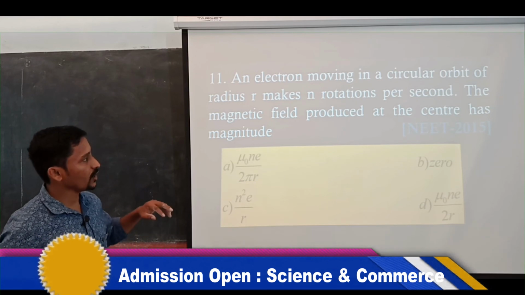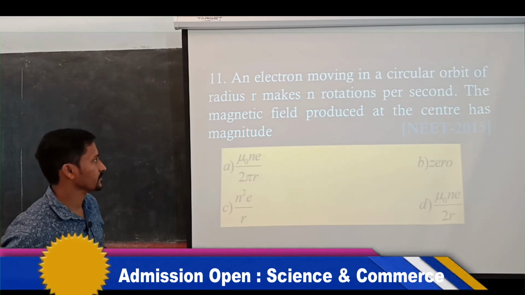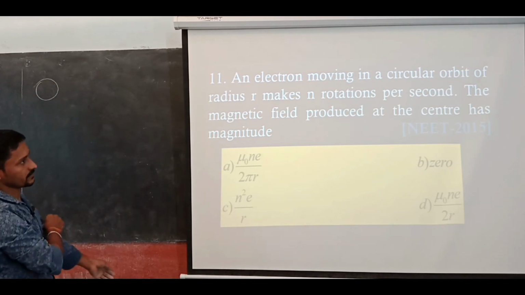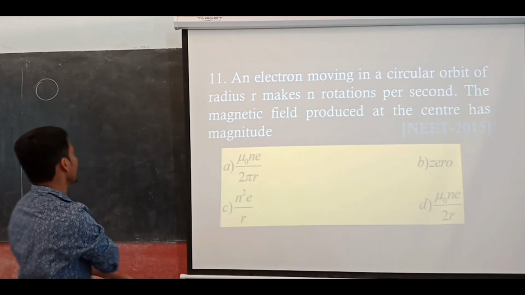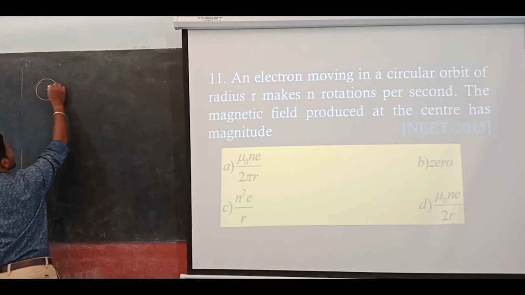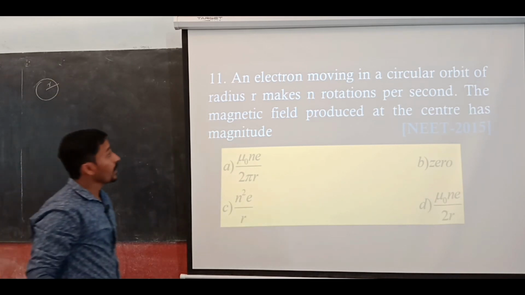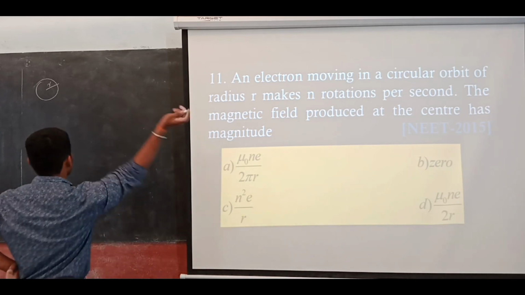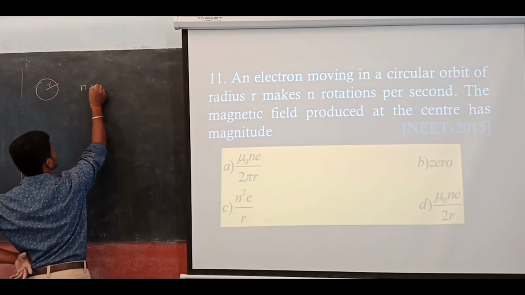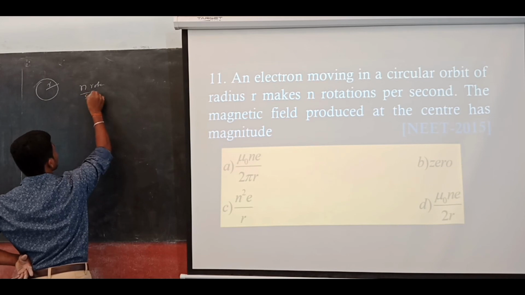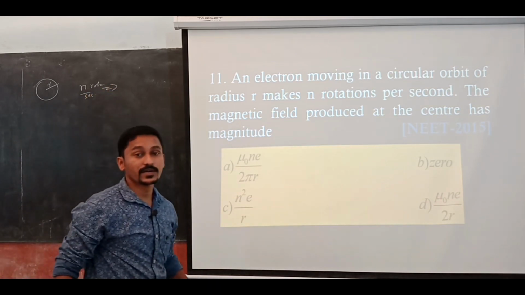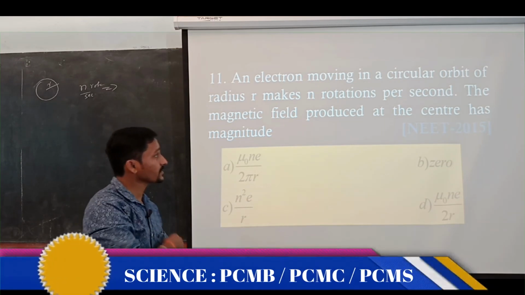Now, an electron moving in a circular orbit of radius r makes n rotations per second. N rotations per second means what? It is frequency, right?